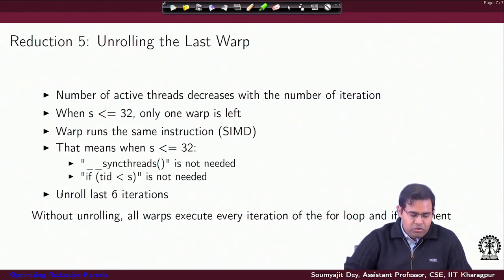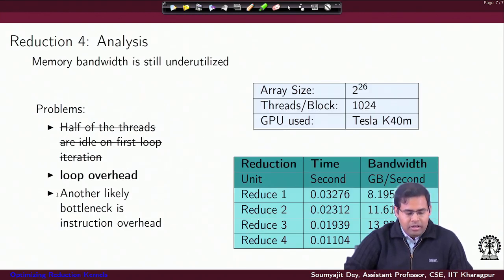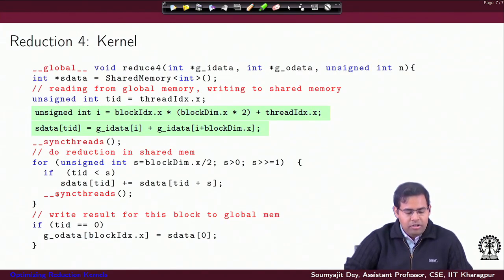The good thing I can do is remove the sync threads and unroll the last 6 iterations. Why the last 6 iterations? Because from 32, then 16, then 8, then 4, and so on, finally down to 1. So for these last 6 iterations I can also save on the loop condition checking, right.